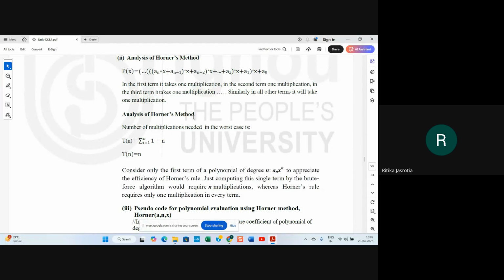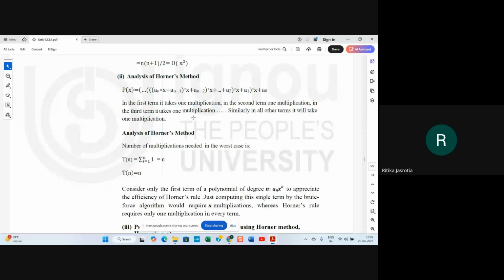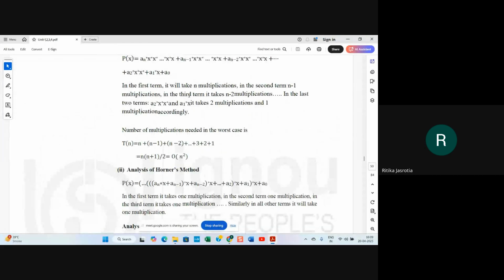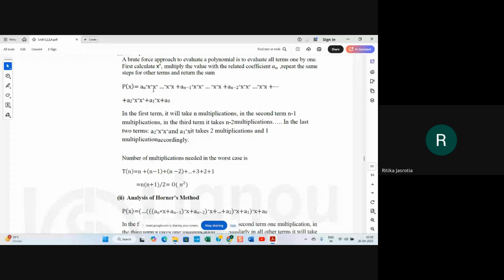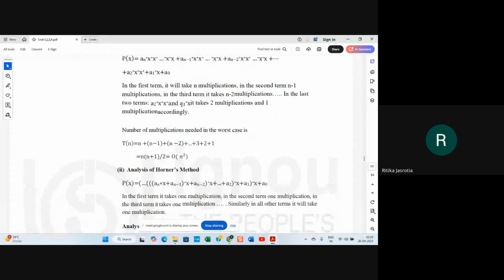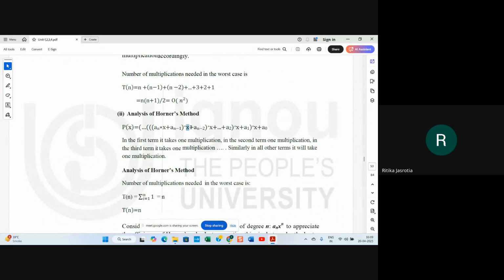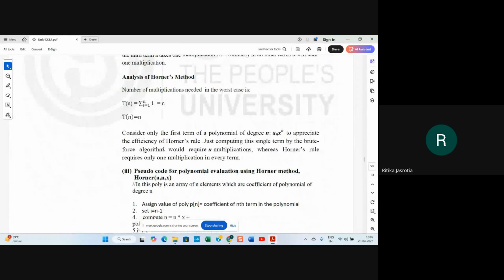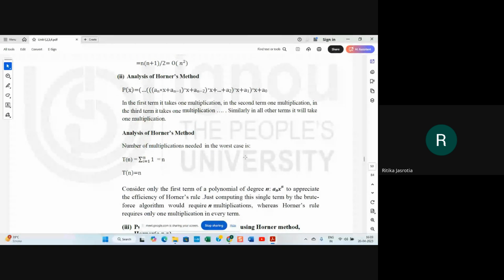That is what they have considered. They have taken x to the power n or however much out of the brackets, kept it outside, and inside they have arranged it like this. So only one time you are multiplying.